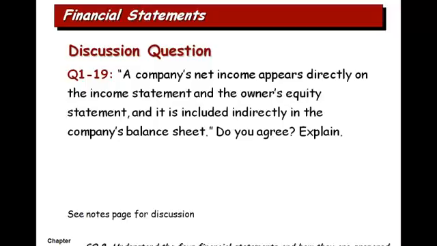It also appears on the statement of owner's equity. It is shown as an addition to the beginning period capital, like we went over before. Indirectly, net income of the company is also included in the balance sheet. It's included in the capital account, which appears in the owner's equity section of the balance sheet. Good question.